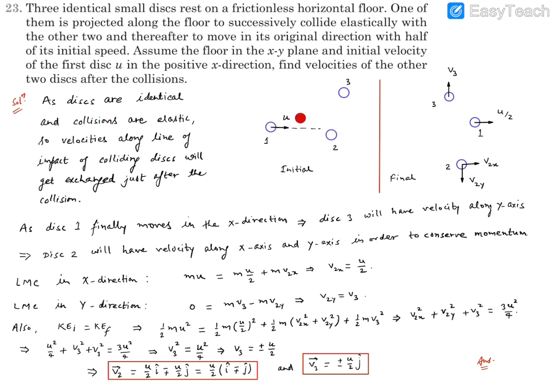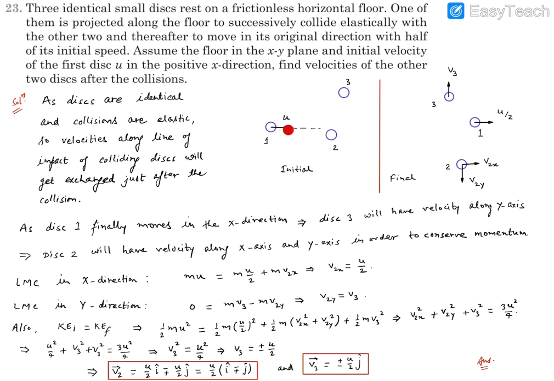If they collide head on, you'll find the first will come to rest, then the second will move, and then the first is not going to collide with 3. Since the question says the first one is going to collide successively with 2 and 3, that means the collision between 1 and 2 must be oblique in nature.